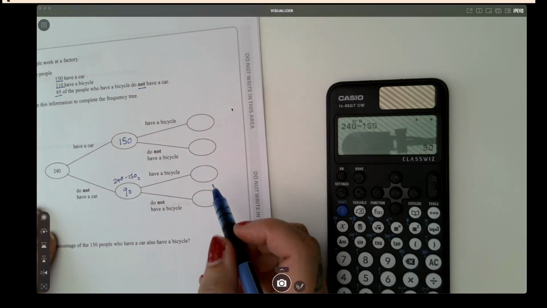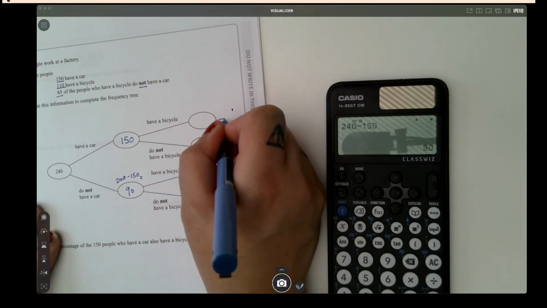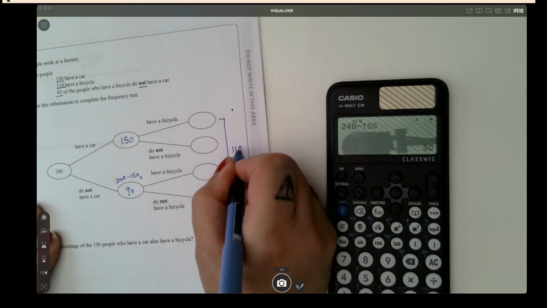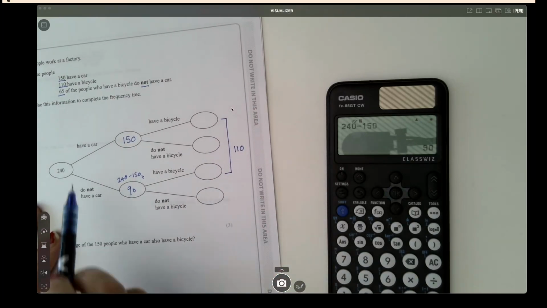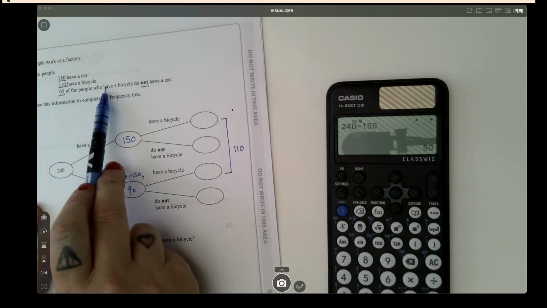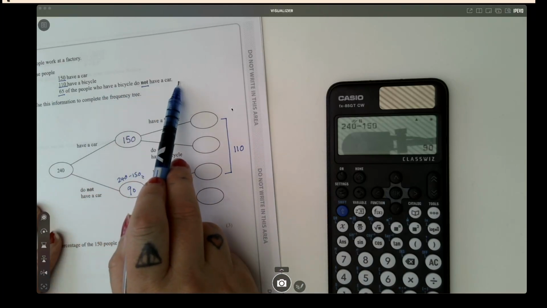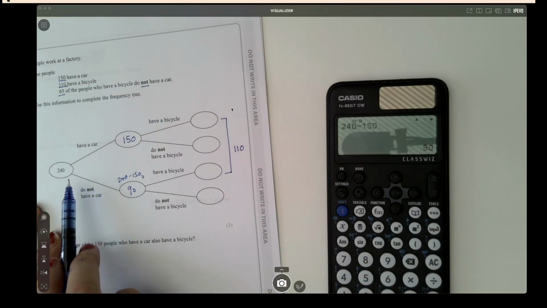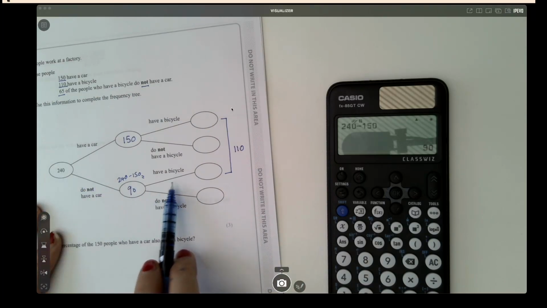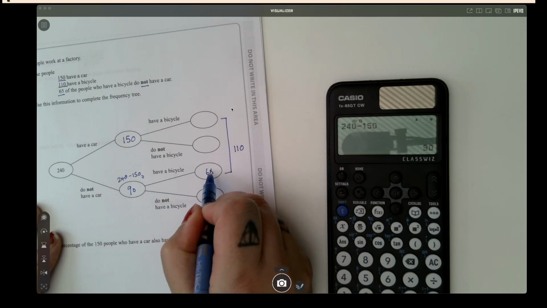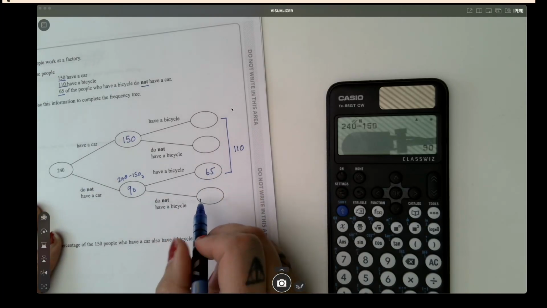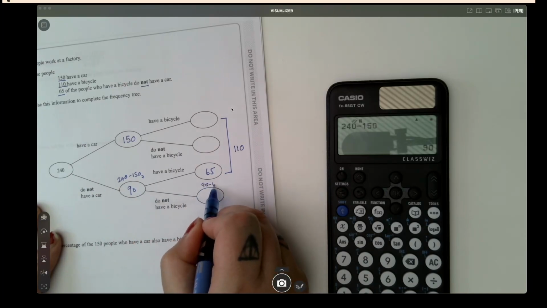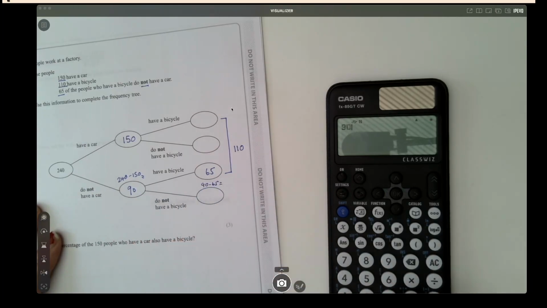110 people have a bicycle. So we have 2 bubbles for have a bicycle. So these need to total 110. 65 of the people who have a bicycle do not have a car. So 65 don't have a car. So we don't have a car, but 65 of these do have a bicycle. So this is 65 here. So I can find this section by doing 90 subtract 65.